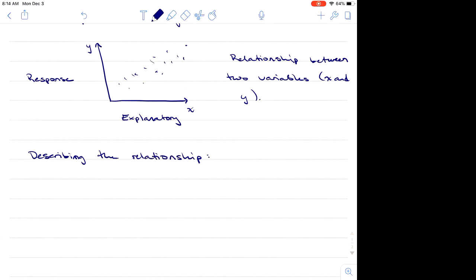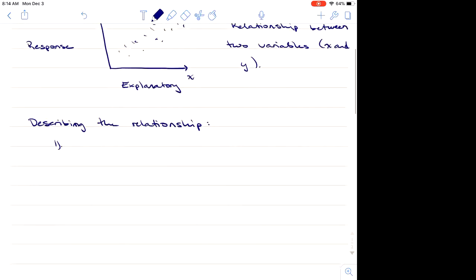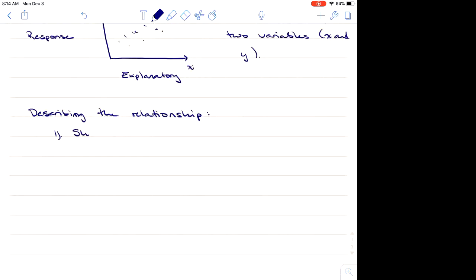Just like when we were looking at histograms, we have 3 things that we need to talk about. For a scatter plot, we have to talk about the shape or form, if you prefer. I like shape because it reminds me of shape, center, spread, kind of on the same track.